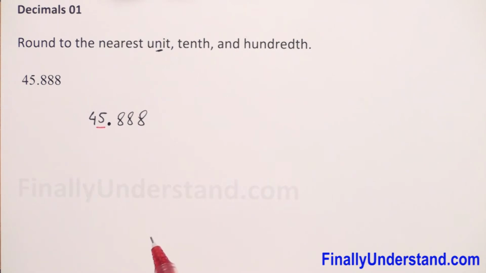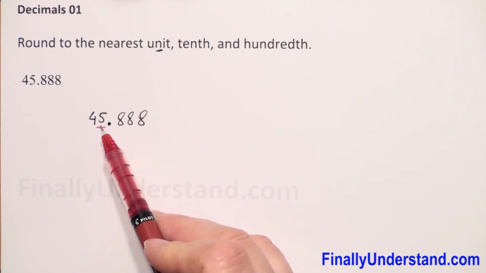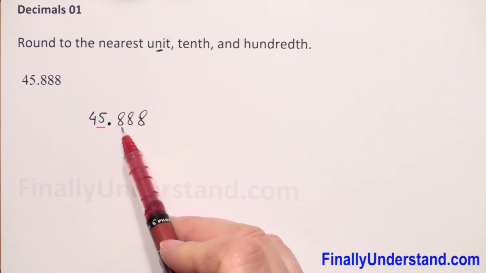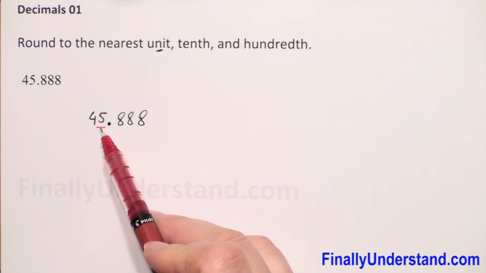Next, we have to check the digit after the digit we keep. After 5, we have 8. When we have 5 or more, we need to increase our underlined digit by 1.